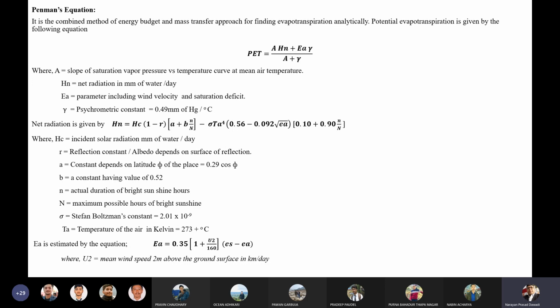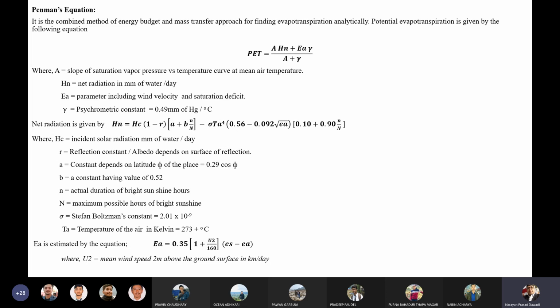If the latitude is known, the constant small a can be calculated by using the formula 0.29 cos latitude. This is the angle in degree. And B is also a constant whose value is generally taken as 0.52, a fixed value.